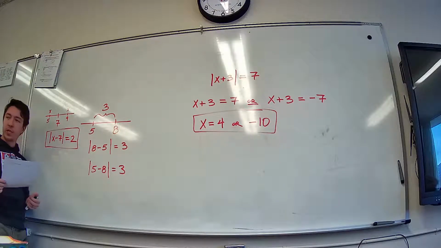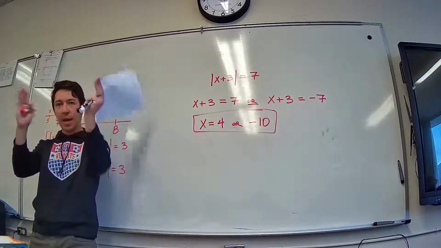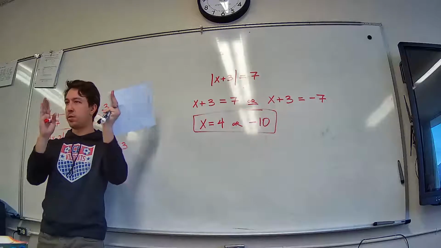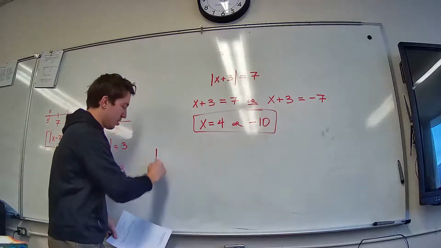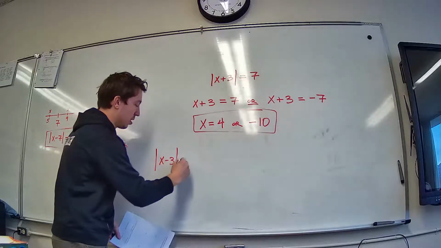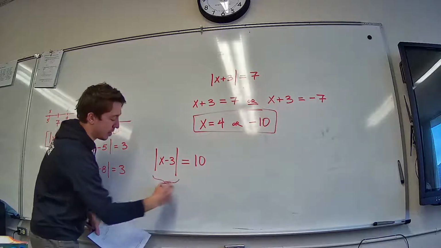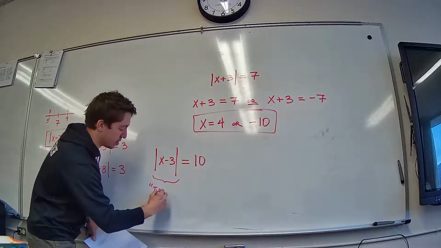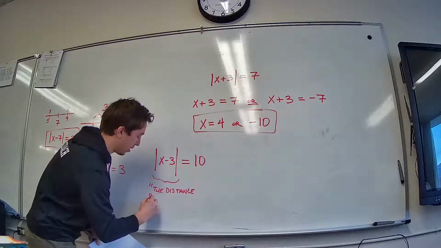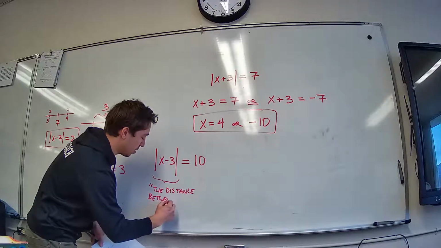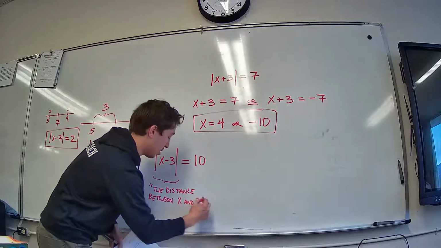X and 3 are 10 units apart. So imagine our number line, there's 3 and there's x, and the distance between those two is 10. So how do we write that? This part here means the distance between x and 3.